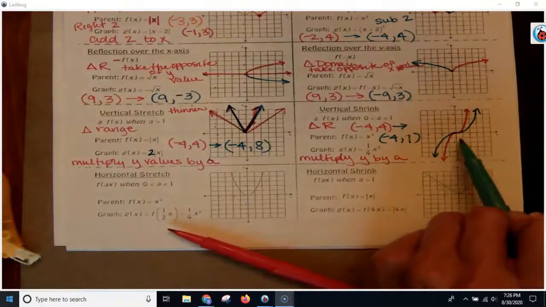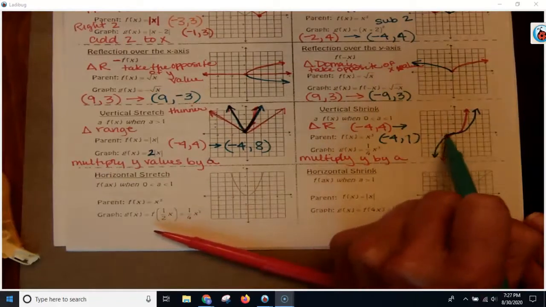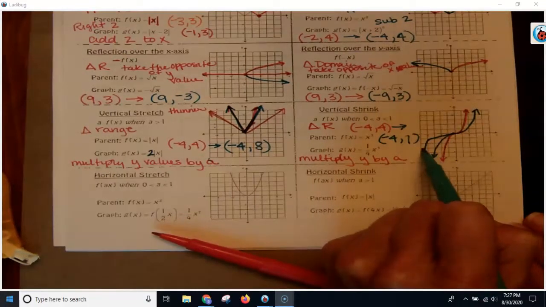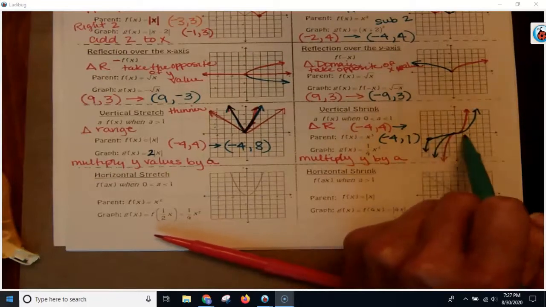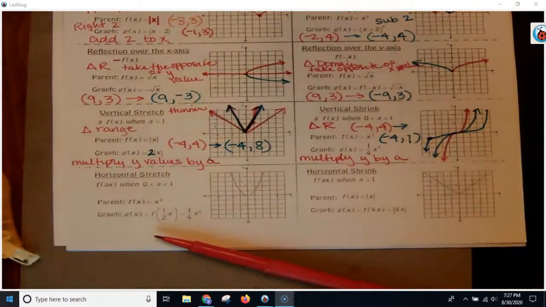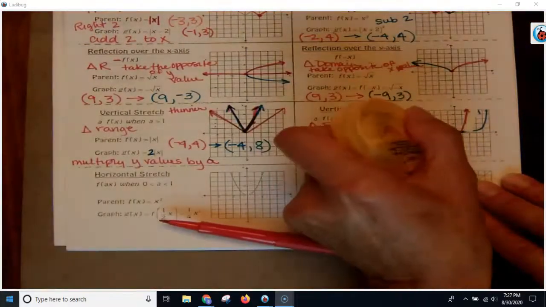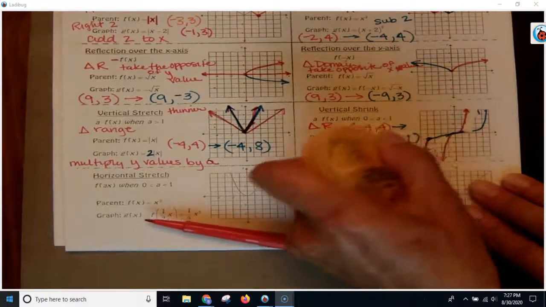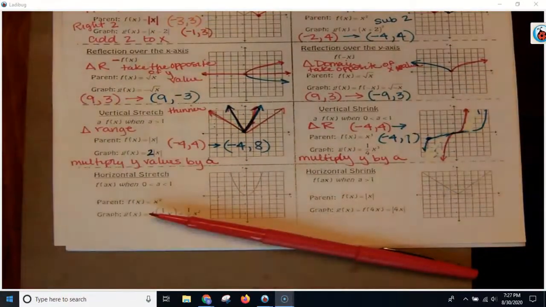So at negative 4, 1, 2, 3, 4, that should be way out, like that. It would be like that. That is not very pretty. Let me fix that. Still not super pretty, but you get the idea. I did not give that enough stretch or shrink.